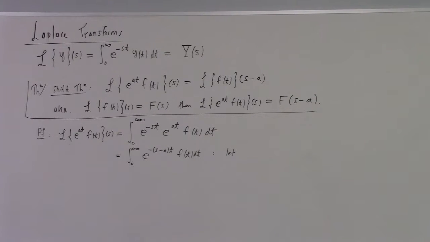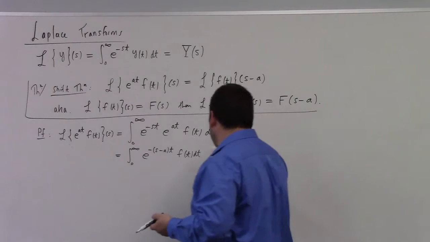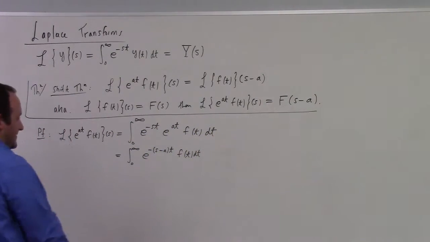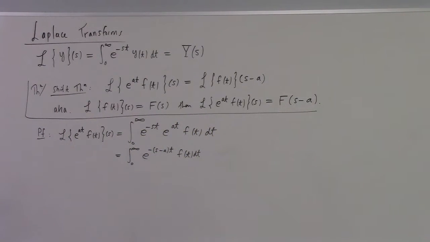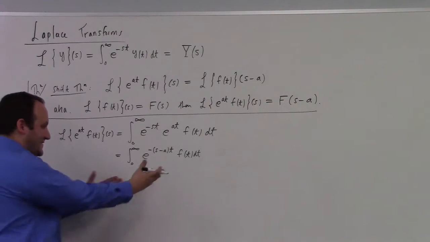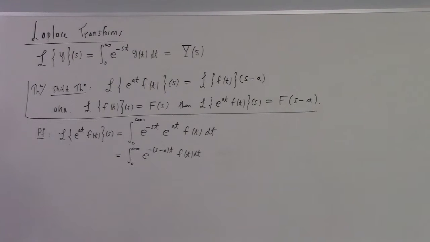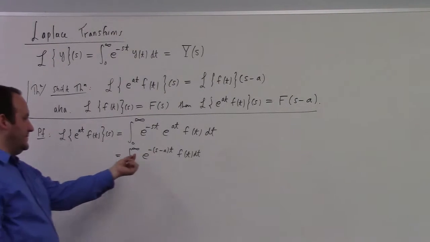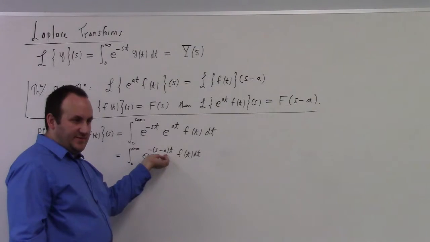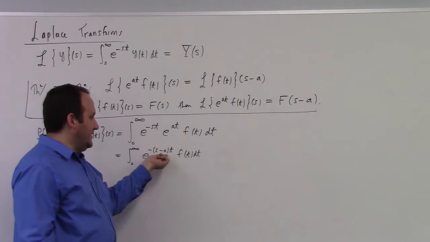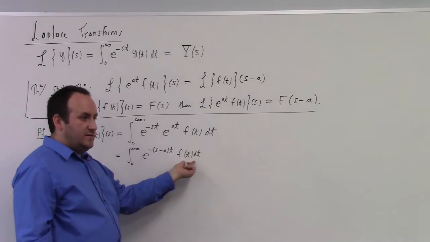Oh, look, a napkin. How convenient. Let us think. What is this? We've got an exponential minus some argument times time integrated against a function from 0 to infinity.